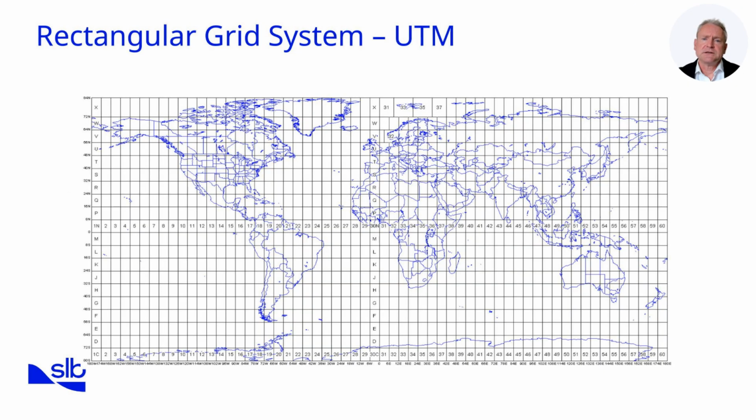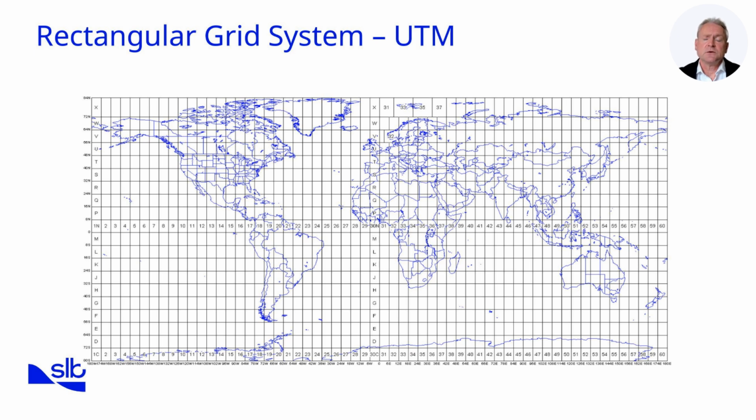The UTM system is a rectangular grid, which means every position can be expressed as a pair of coordinates, northings and eastings, in meters. This makes it highly practical for engineering work, where straight-line measurements are essential. Each UTM zone has its own central meridian, with coordinates defined relative to it.